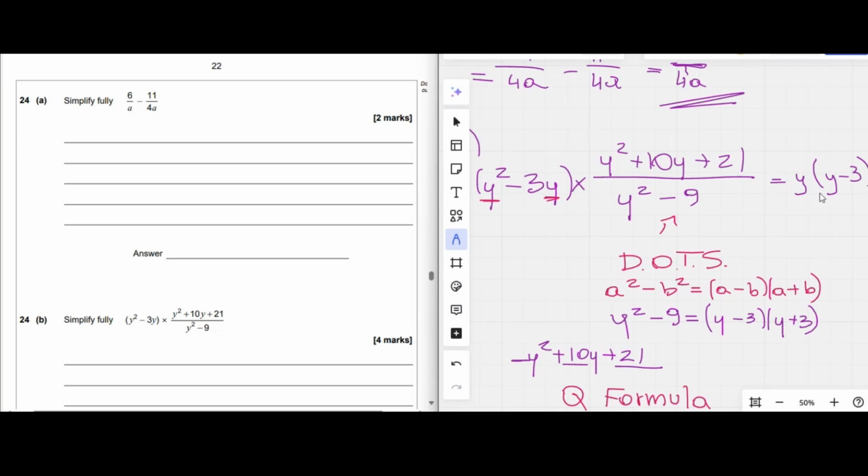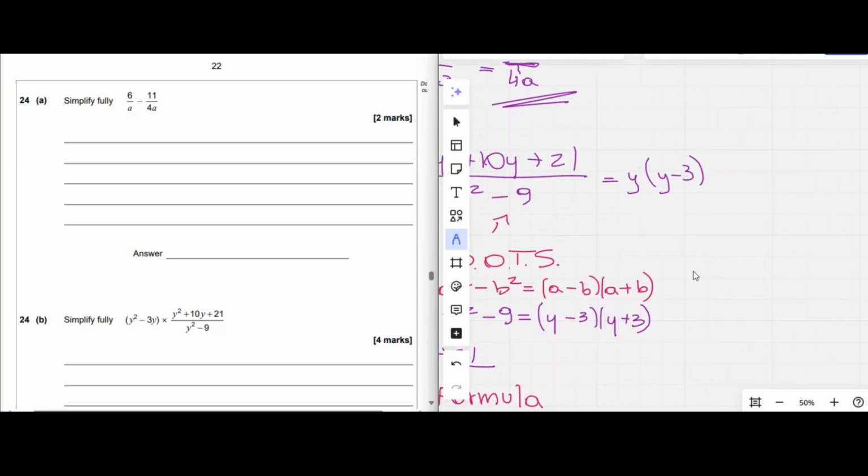Then times, on the top is what we had, plus 3 and plus 7, what we just did. And on the bottom, there is that difference of 2 squares, y minus 3 and y plus 3.